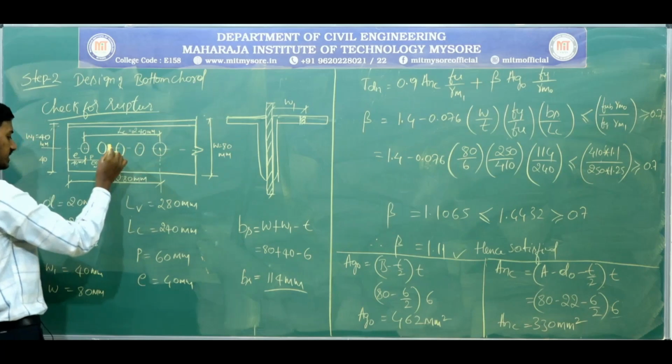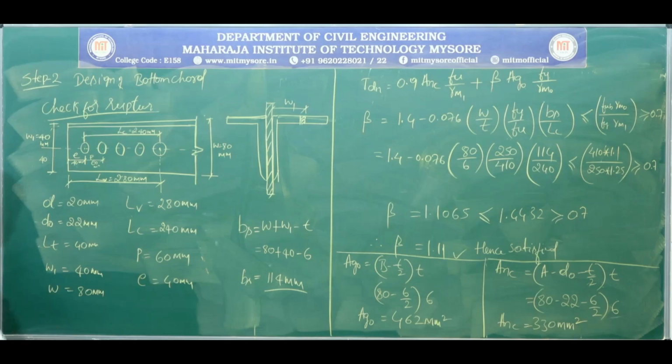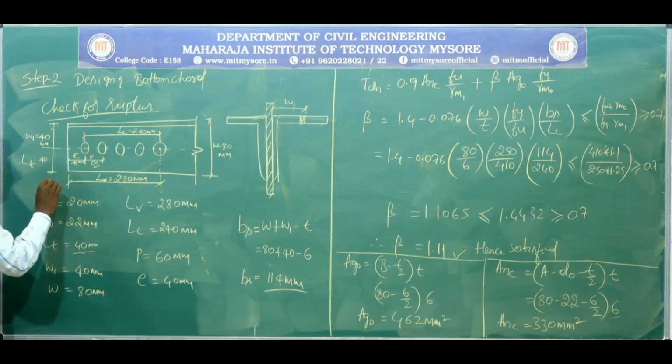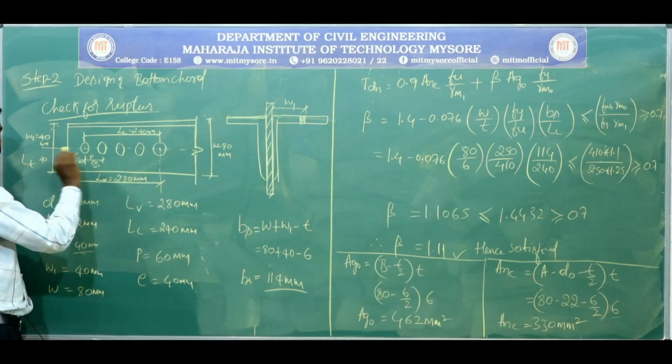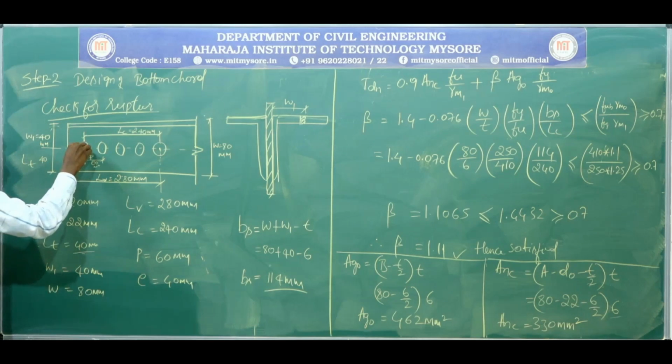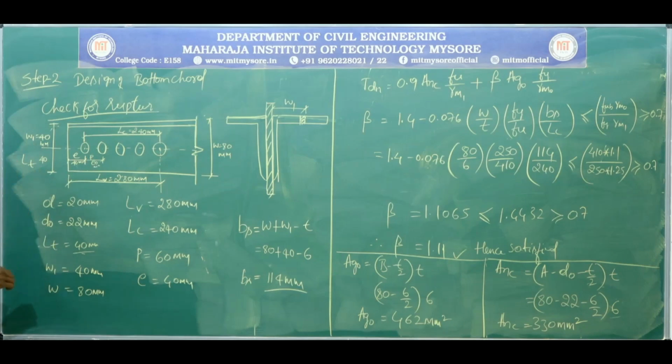Same way, in the transverse direction it is called Lt. Lt is 40 millimeter because Lt is from center of the bolt to the edge distance of the plate in the transverse direction. Lv is in the direction of the shear, that is bolts parallel to the plate. Same way, Lt is perpendicular to the Lv direction.